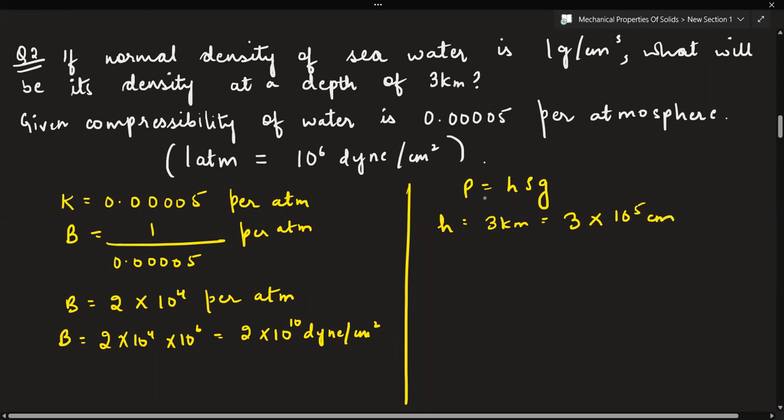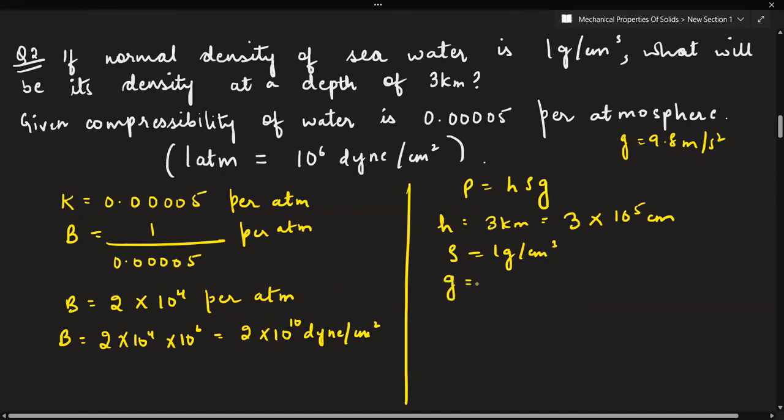So we have height with us. Now density. Density is already given to us. That is 1 gram per centimeter cube. Now acceleration due to gravity, that is 9.8 meters per second square. Now we don't need meters, we need centimeter, because we are calculating everything in CGS unit.